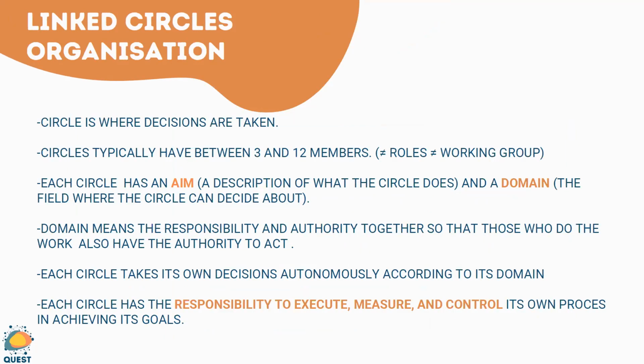So circles are where decisions are taken. What is really important to remind is that circles typically have between 3 and 12 members maximum, because we will see later that we need to take decisions with consent. And so we cannot be 50 people.